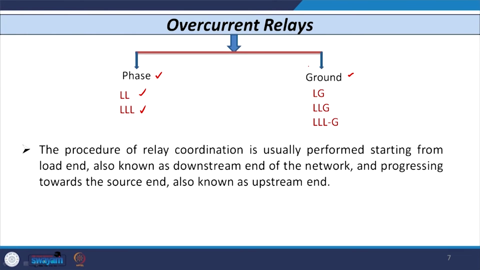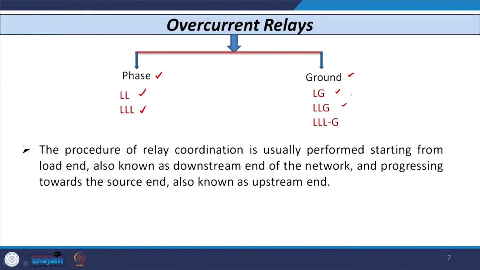Similarly, ground overcurrent relays are those relays which are responsible for detection of any type of fault that involves ground. So, line to ground fault, double line to ground fault and triple line to ground fault are the different types of ground faults. When I consider line to ground fault, again there are three types: R to ground, Y to ground and B to ground.